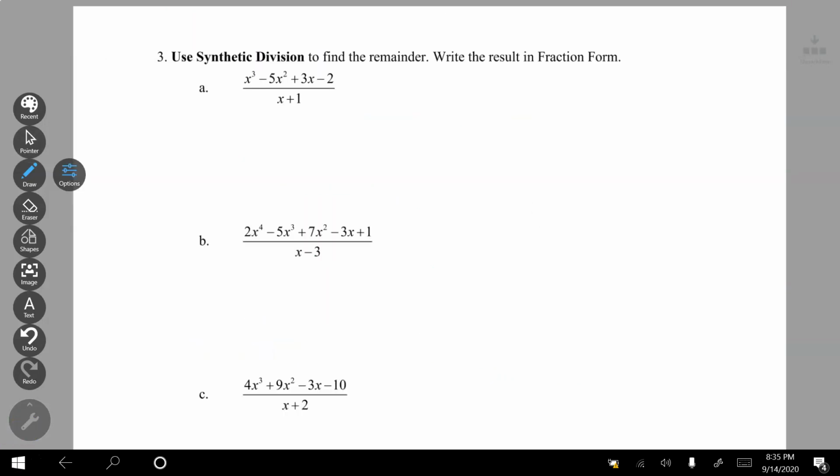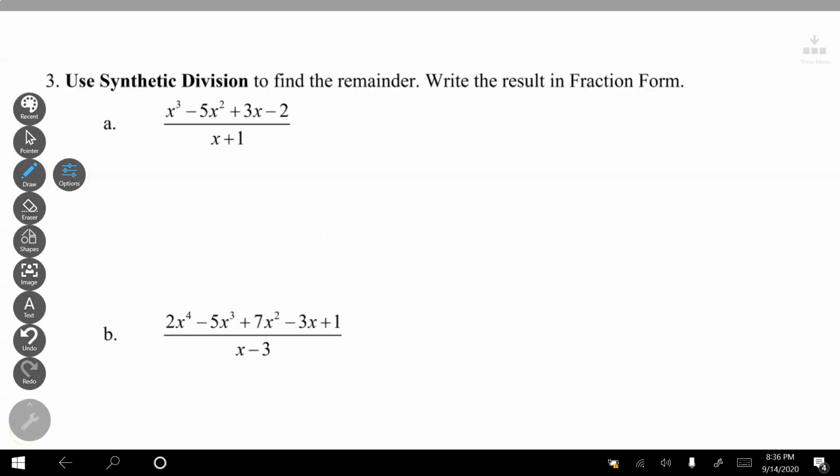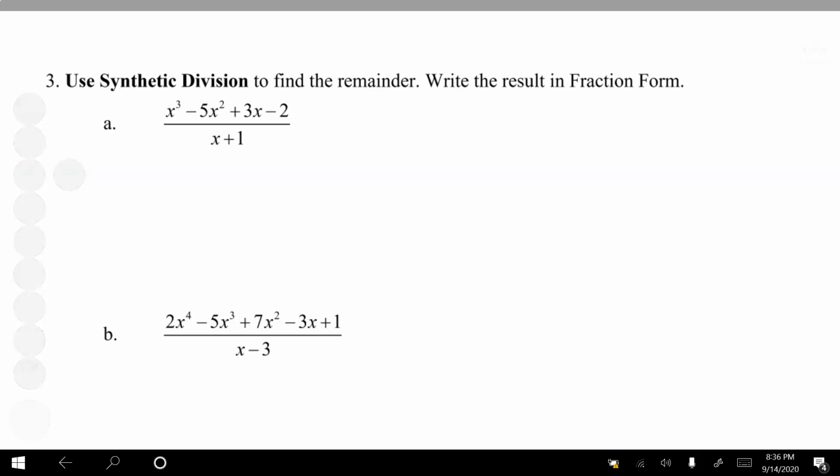Okay, synthetic division uses a different method where we don't write out inside the box like we did in fourth grade with all those terms with x's and this and that.